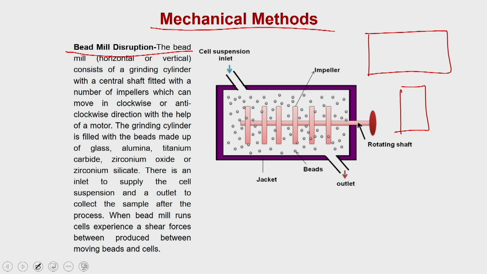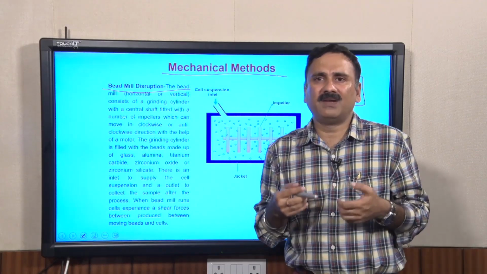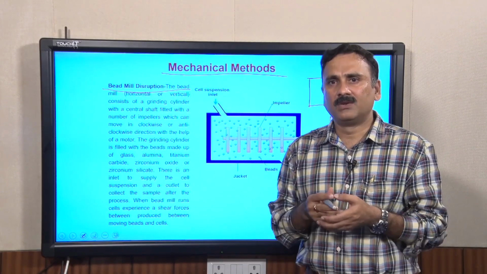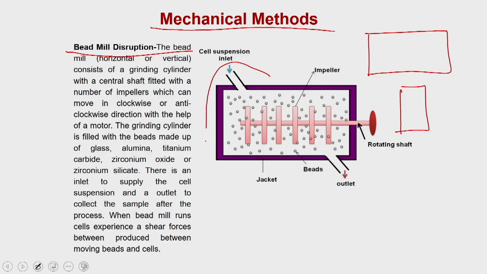One of the classical examples which closely resembles the bead mill disruptor is the cement mixer, which you might have seen. It is exactly a similar kind of thing. It has a jacket, and within the jacket you have a shaft. On this shaft the propellers are attached. When these propellers move, they mix the beads.